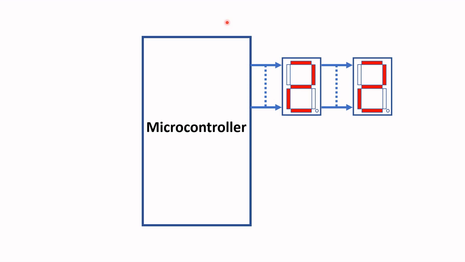The challenge in this is that since both 7-segment displays share the same I/O port line outputs, the potential problem here would be if I display the symbol 2 on this display, that same symbol will also appear on the second display because both of them share the same I/O port lines.